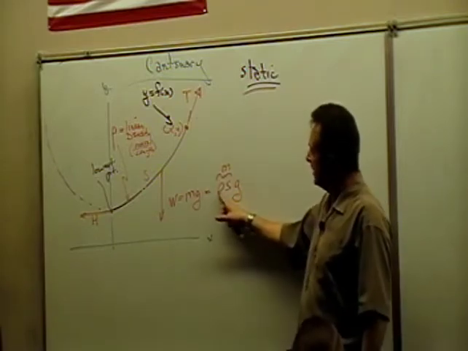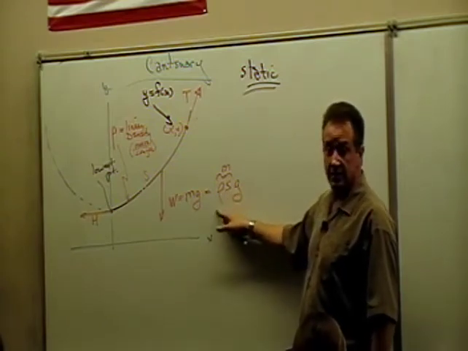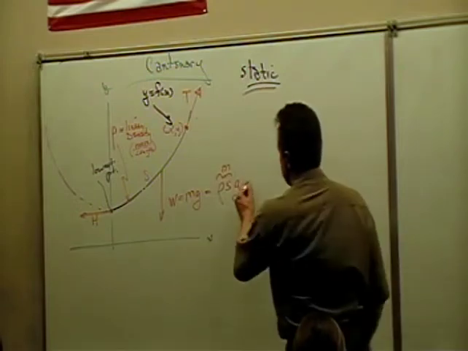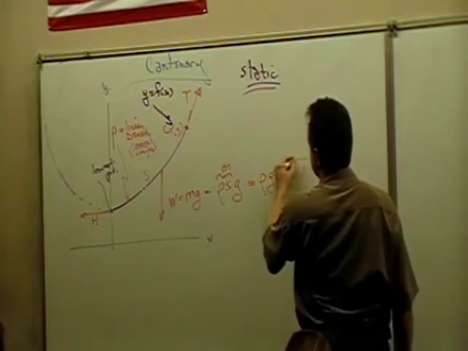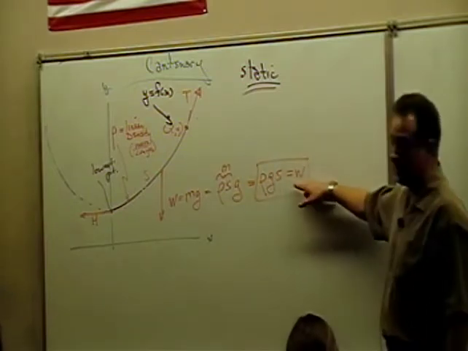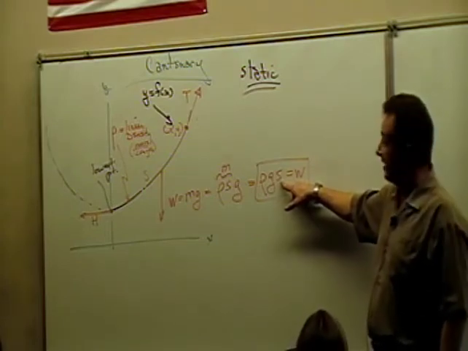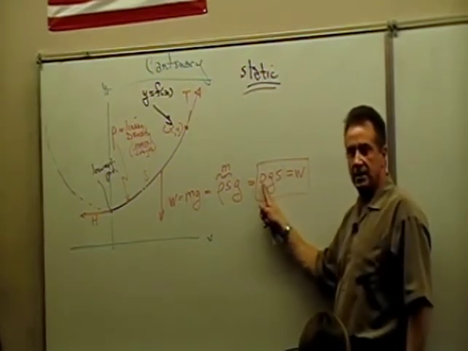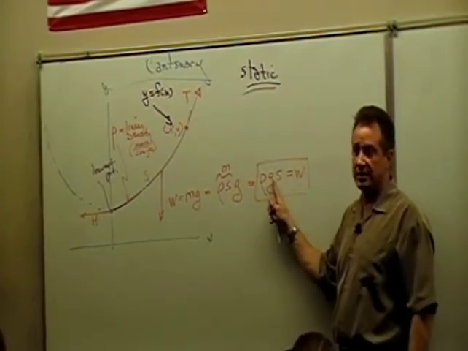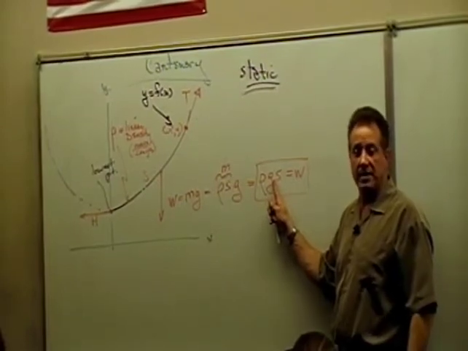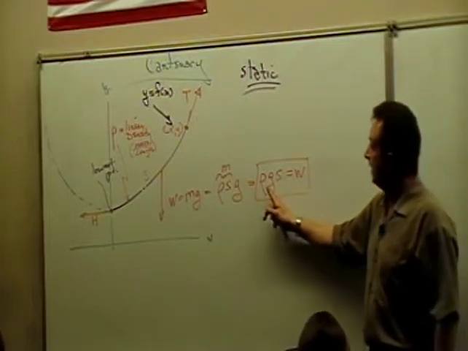Rho would be in kilograms per meter, and s would be in meters, so you get kilograms, the mass. So the weight of the cable is rho g s, and it's a variable weight depending on how long the section of cable that we're looking at is, right? s is a variable. Rho is a constant. It's something that you're given at the beginning of the problem. And g is obviously a constant. It's just the gravitational acceleration, right? Negative 9.8 meters per second squared, or negative 32 feet per second squared.